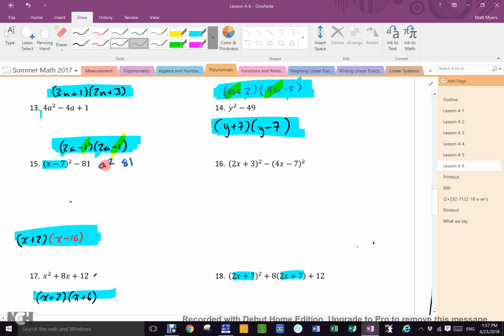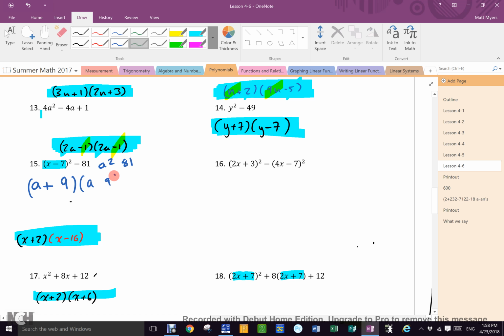Is that a perfect square? And if the minus hadn't disappeared, there'd be a minus there, yes? And is that a perfect square? Yep. So I know if I was going to factor this, it would be the square root of the first one, what's the square root of a squared? A plus, what's the square root of the second one? 9. And then what would I write?